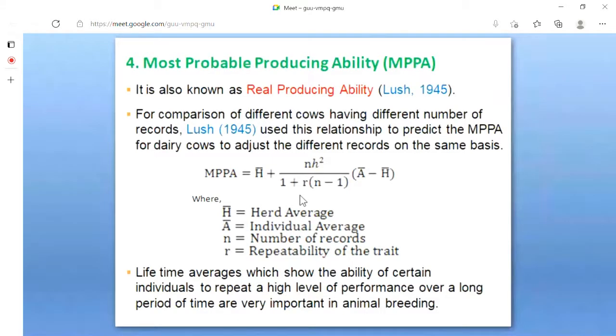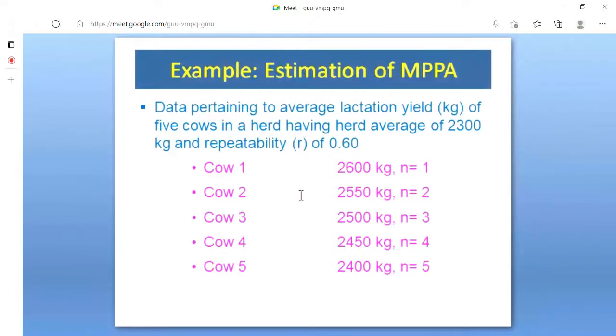Then regarding the examples of MPPA, as the number of records increases, the accuracy will keep on increasing. If you are using only one record or one measurement, then you get this much MPPA.